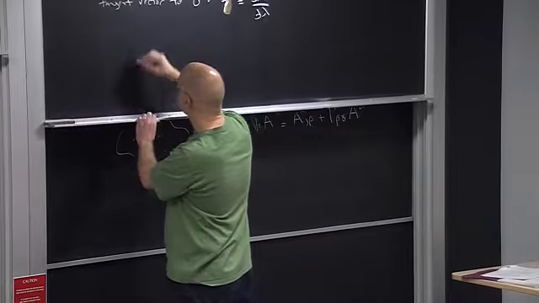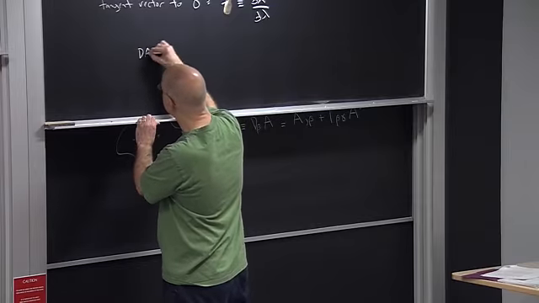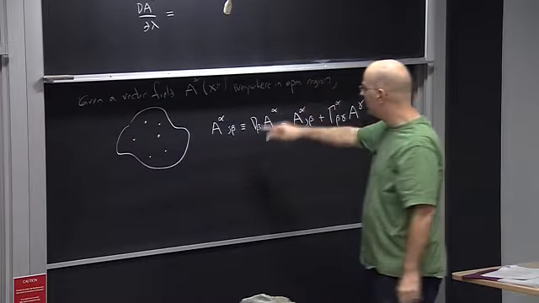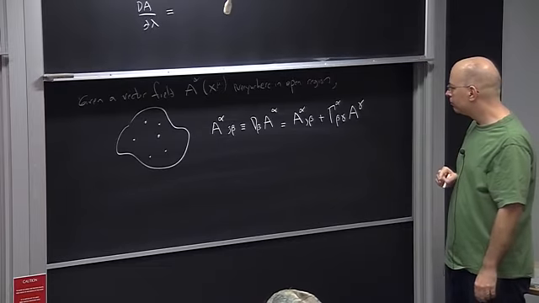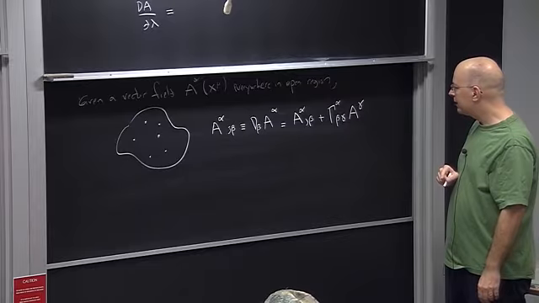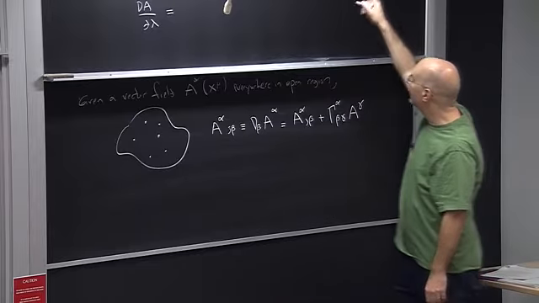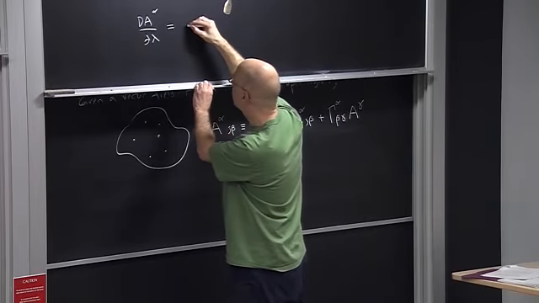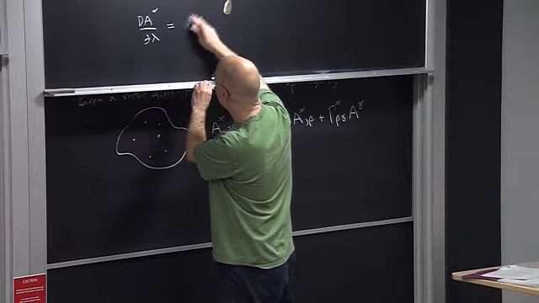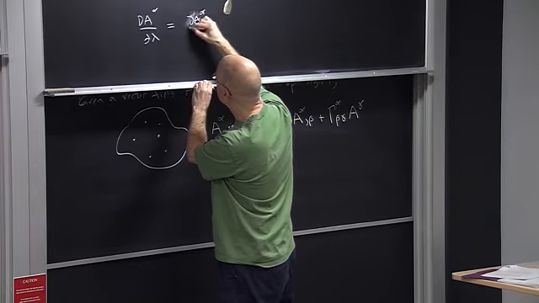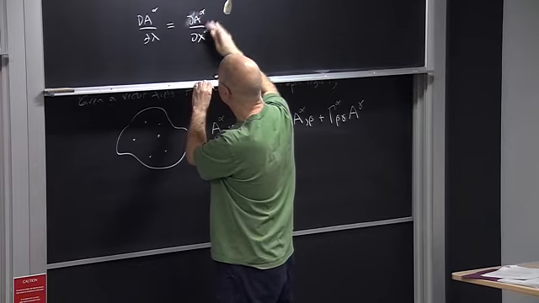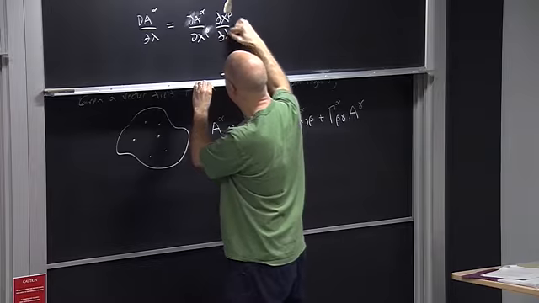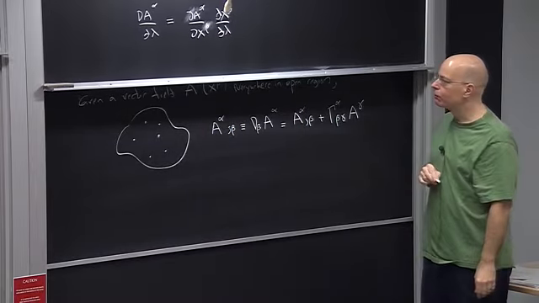If you compare this expression here with what we had before, you recognize that, for example, the derivative of the vector field A with respect to lambda is just the partial derivative of that vector with respect to the coordinates times the derivative of the coordinates with respect to lambda, right?